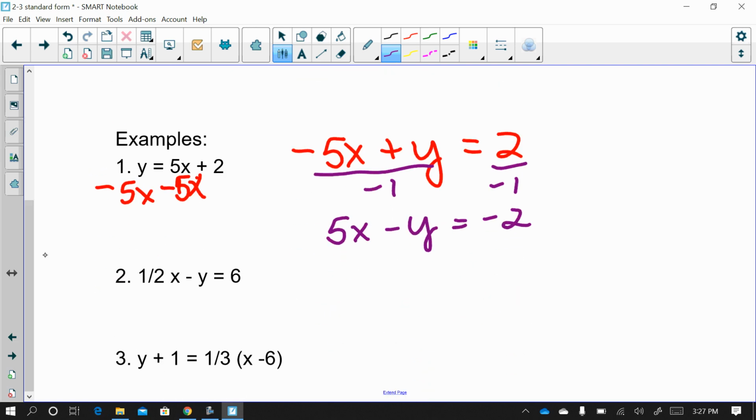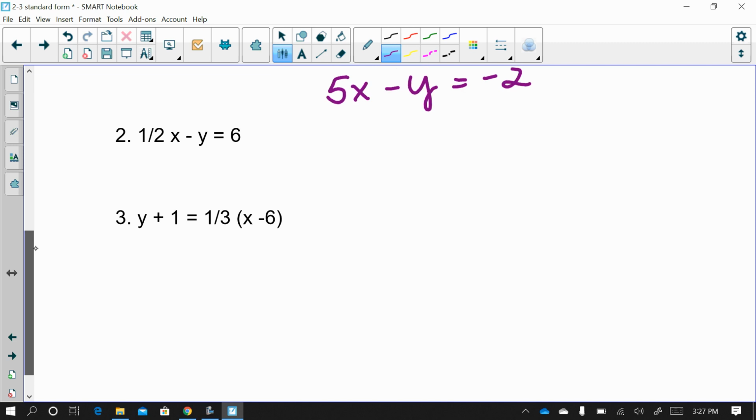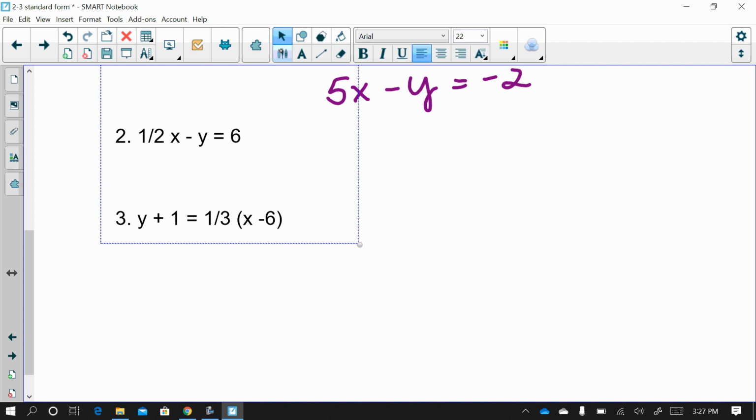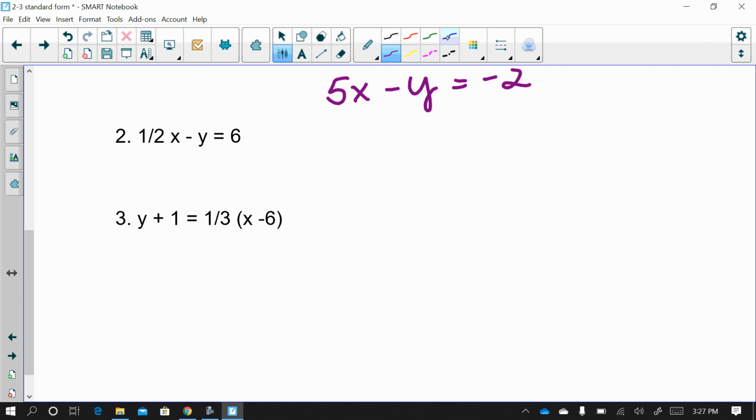Example 2. I have 1/2 x minus y equals 6. What rule am I breaking here? I'm breaking the integer rule. Can't have any fractions. So how do I get rid of 1/2? You just multiply by the reciprocal, so I'm going to multiply by 2. Now the tricky part is this entire side gets multiplied by 2, not just this part, because that's not fair.